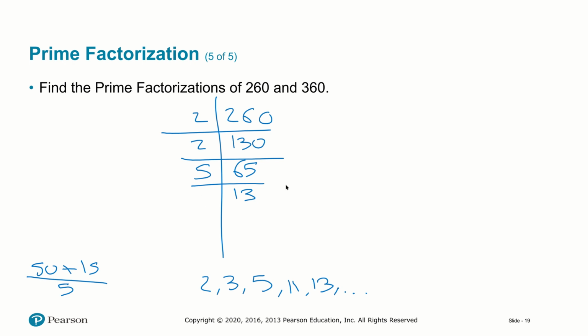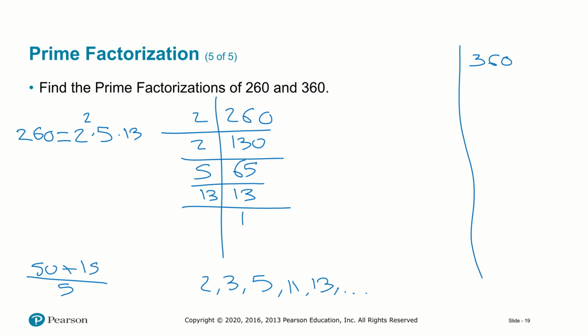Well, itself is the only prime number that goes into it. So once you hit the 1, you're done. So you would write the prime factorization of 260 as 2 squared times 5 times 13. All right. Now go ahead and, if you haven't done so already, pause and do the same process for 360.